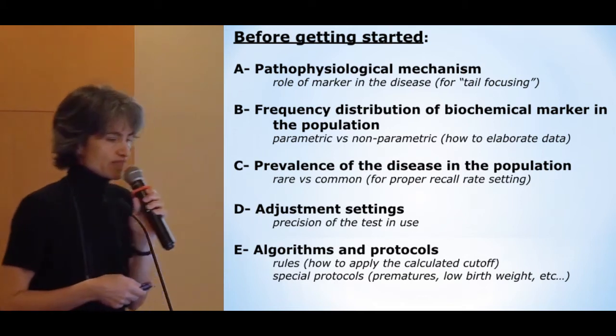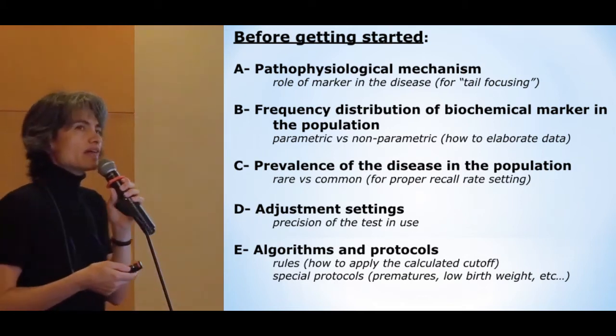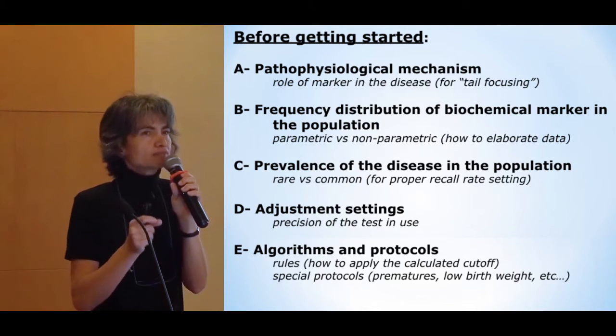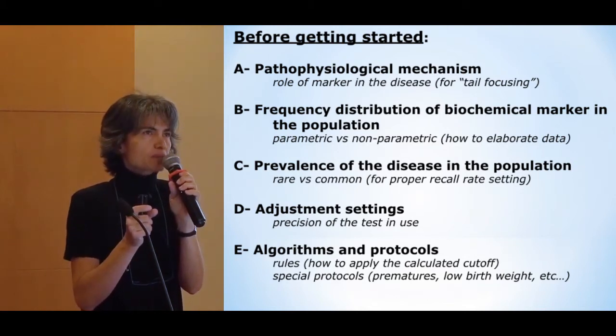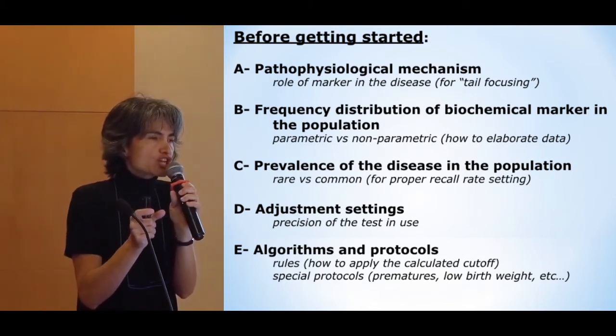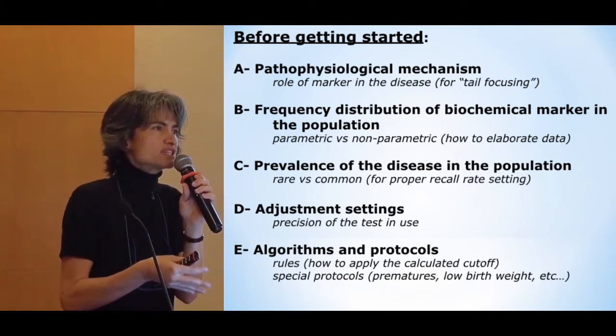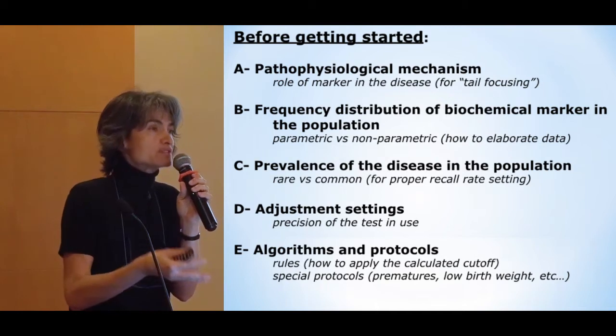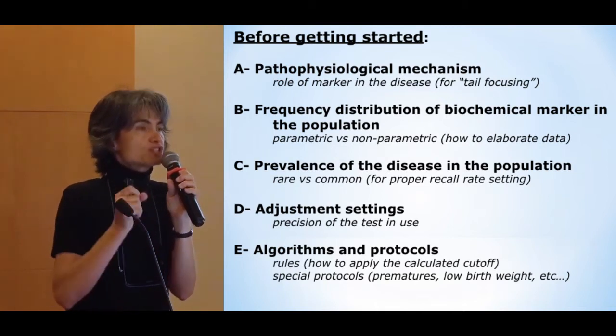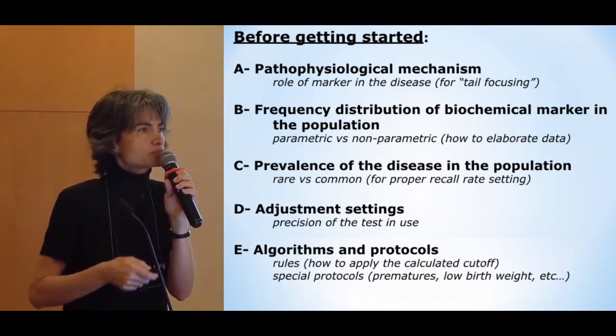This is the message. And then, there's another step that refers to the adjustment of your cutoff on the basis of the performance of your kits, the precision of your kits. And I give you an example right away.